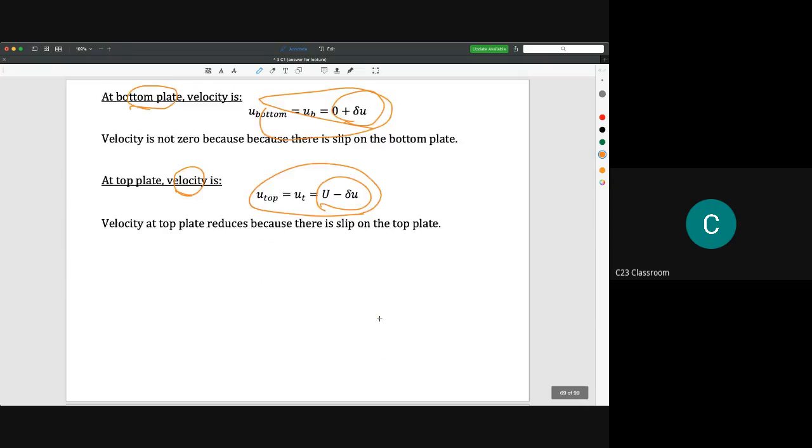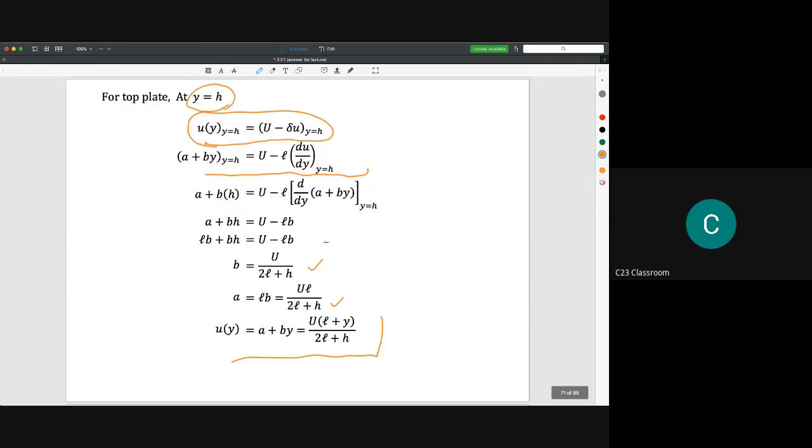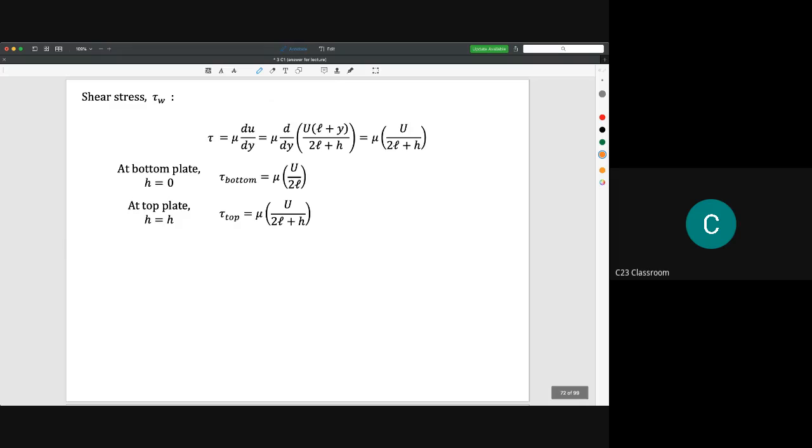Okay, the question here is the shear stress, not the velocity distribution. What we get here is actually the velocity distribution, and we can calculate the shear stress tau equal to mu du/dy. We substitute the value of du/dy here.